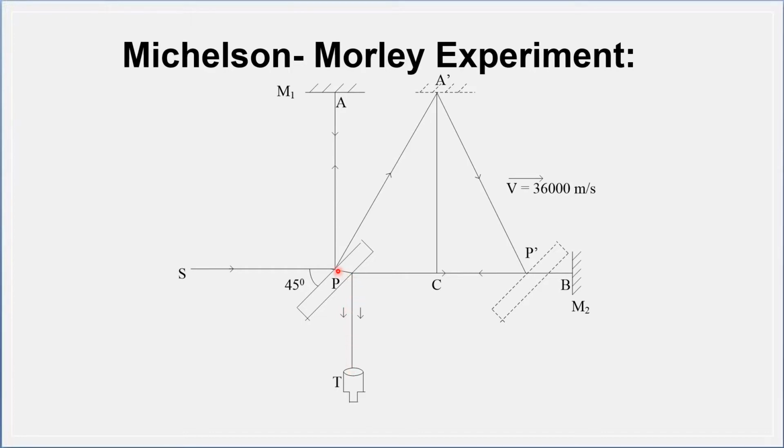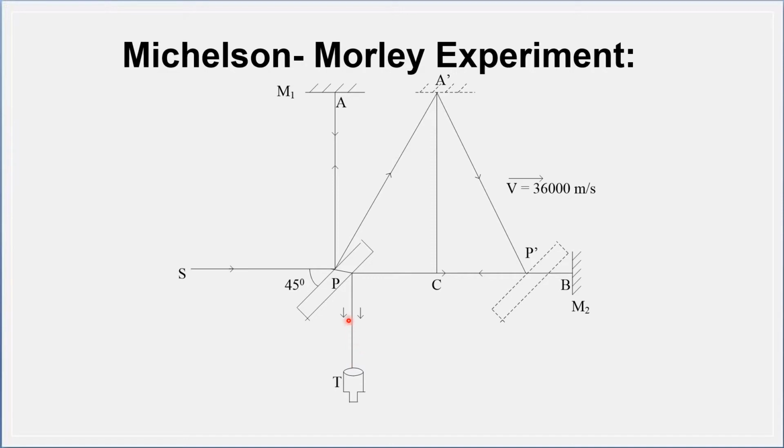Then the transmitted beam: since the plate is semi-transparent, part of the light will be reflected and part will be transmitted. This transmitted beam will pass along the path PB1 and strike the mirror M2. Then from the point B, it will get reflected along the same path, get reflected at the plate, and enter the telescope.